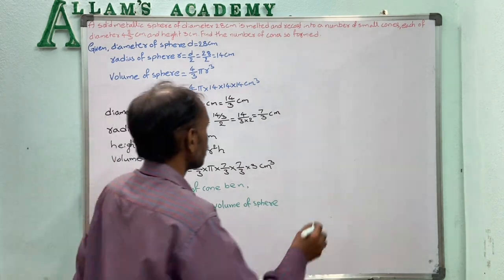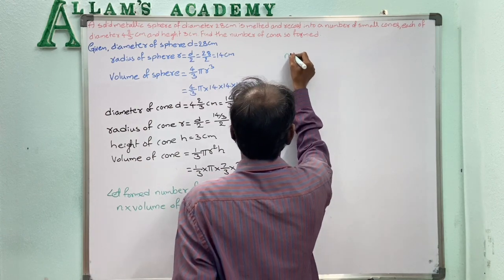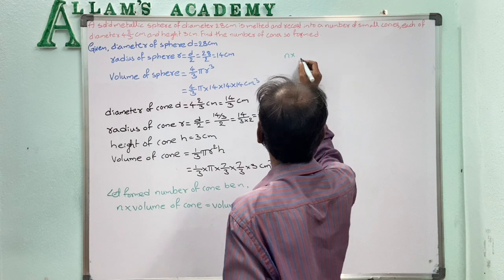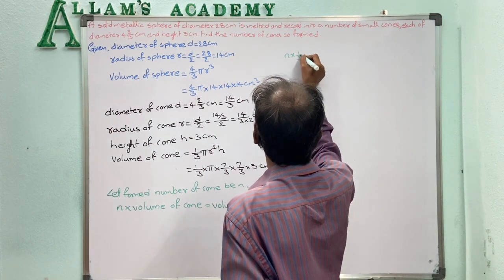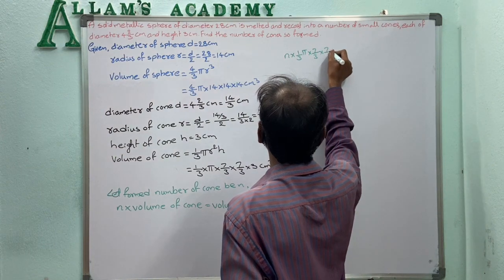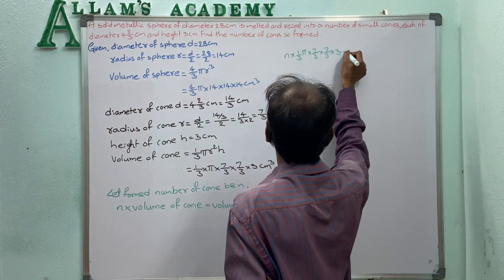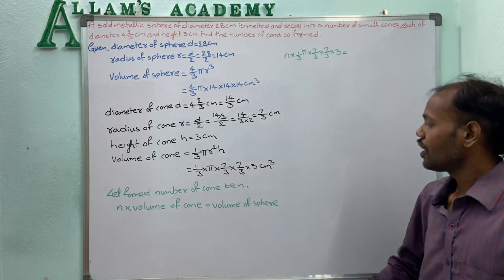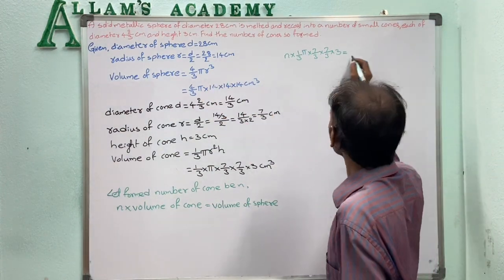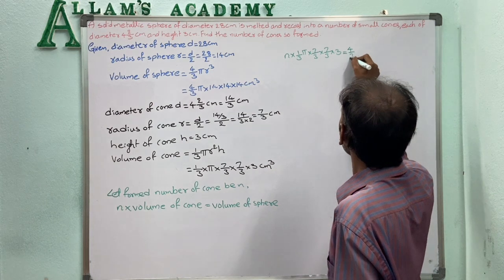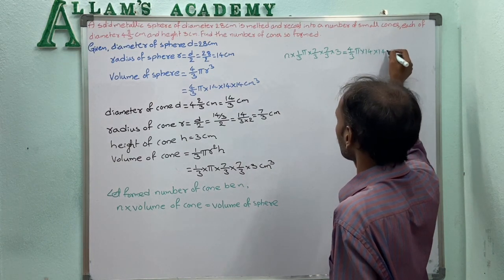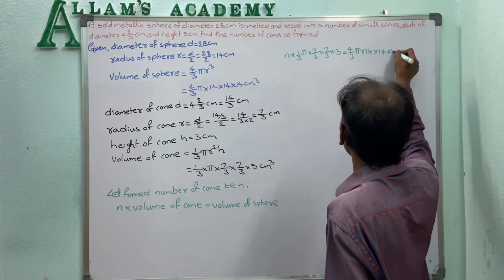That is n into 1 by 3 pi into 7 by 3 into 7 by 3 into 3, is equal to the volume of sphere, that is 4 by 3 pi into 14 into 14 into 14.